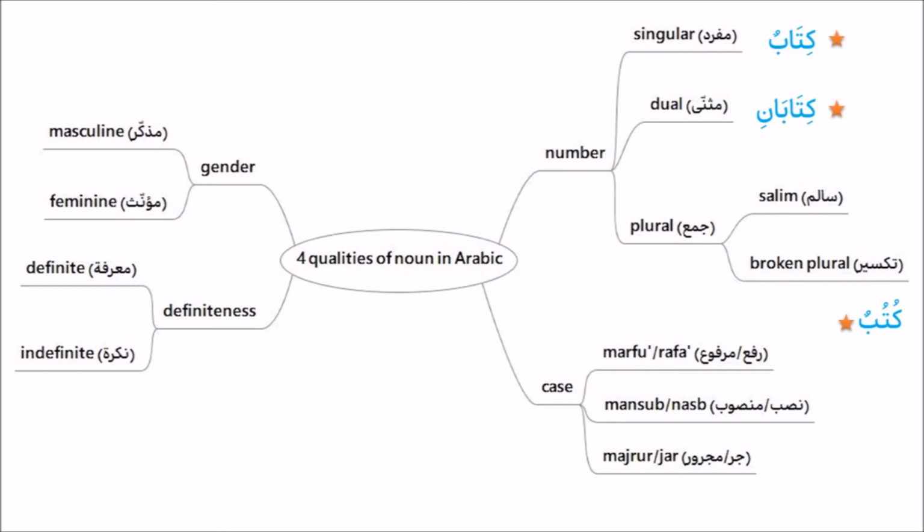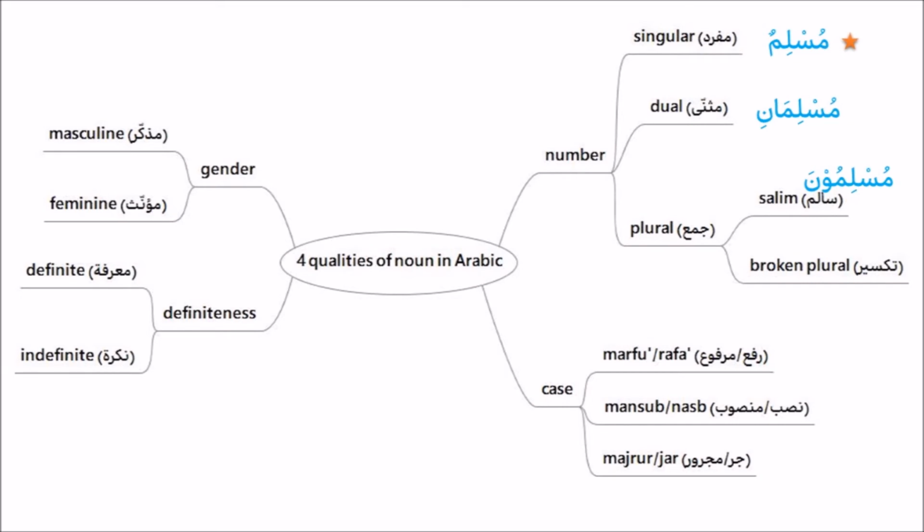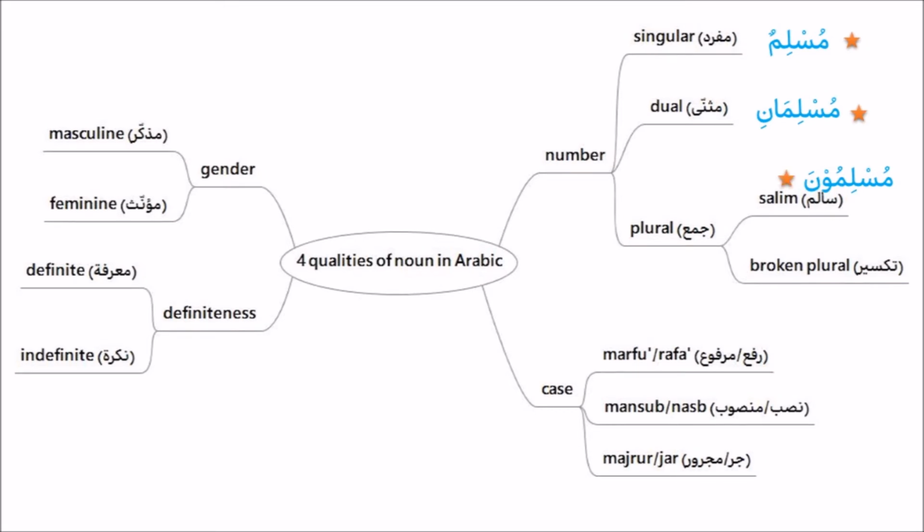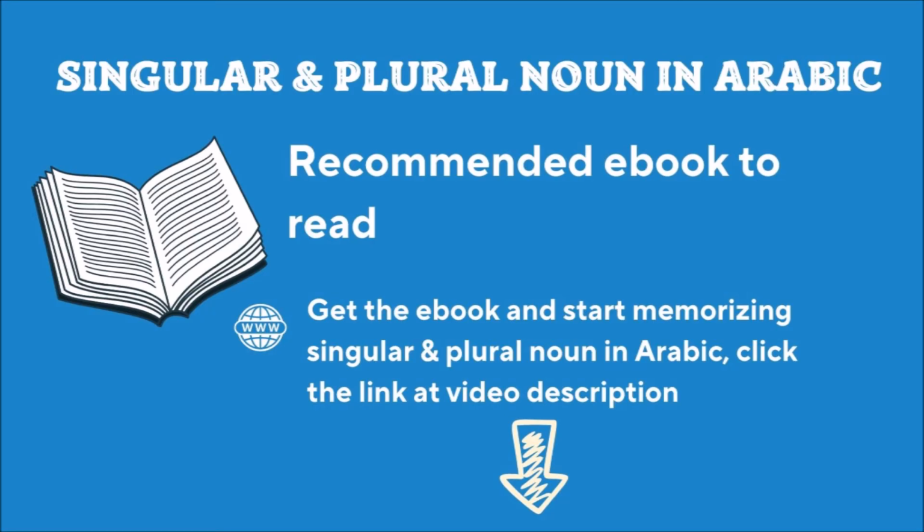It is kutubun. Now, let's observe the example of sound plural with the singular and dual form. The singular form is muslimun. The dual form is muslimani. The plural form is muslimuna.